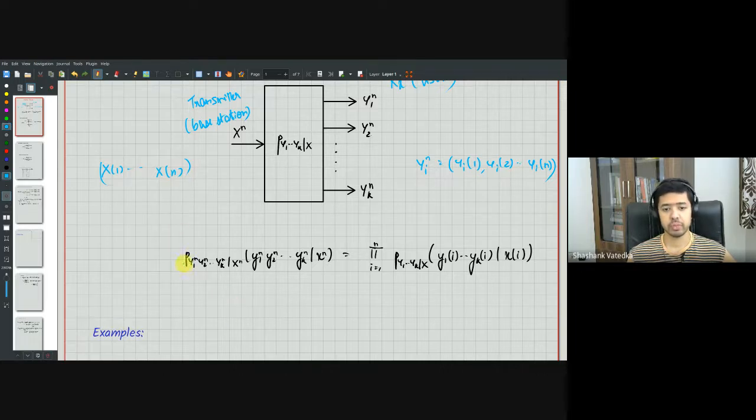The relationship between the outputs given the input is described by the following joint PMF. The probability that receiver 1 sees y1n, receiver 2 sees y2n, and receiver K sees ykn, given that xn was sent as input to the channel, is given by this probability distribution. So you have independence across the i's, but for each i, the y1 of i to yk of i are allowed to be correlated, and of course they depend on the input to the channel.